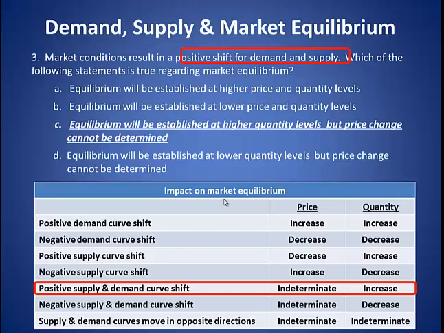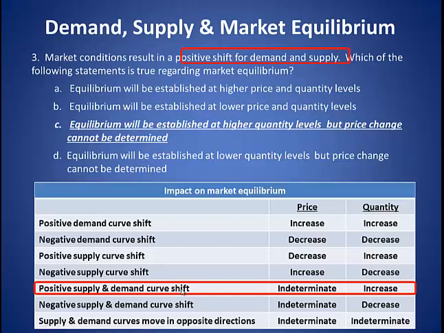Okay, in this case, we're talking about a positive shift for both demand and supply. So if we take a look at our chart here that we have memorized, if we have a positive supply and demand curve shift, they both shift positively.